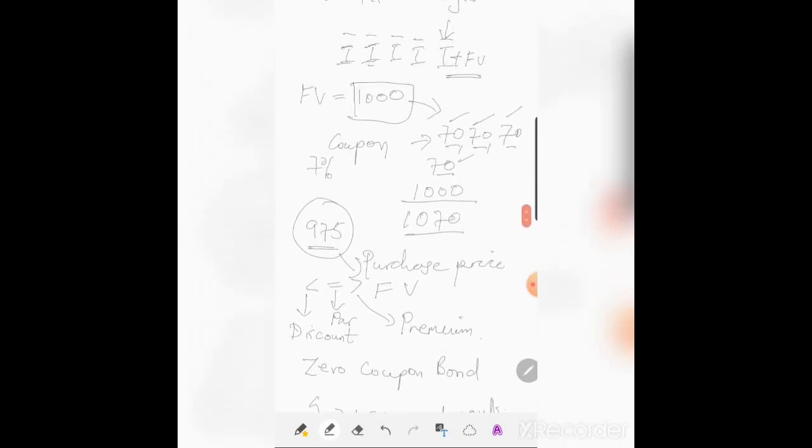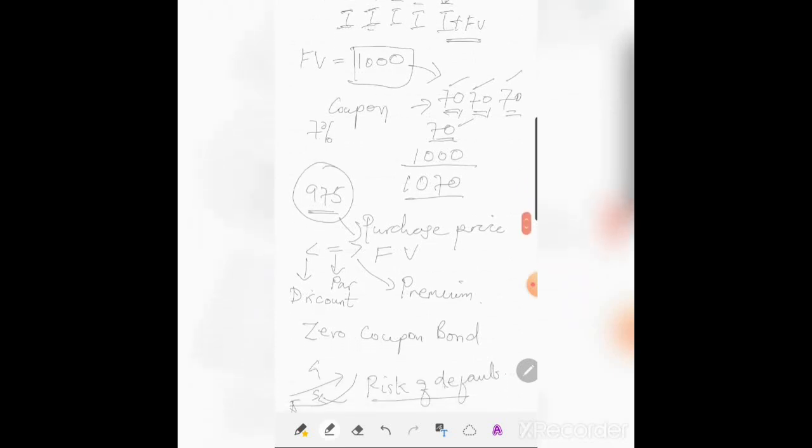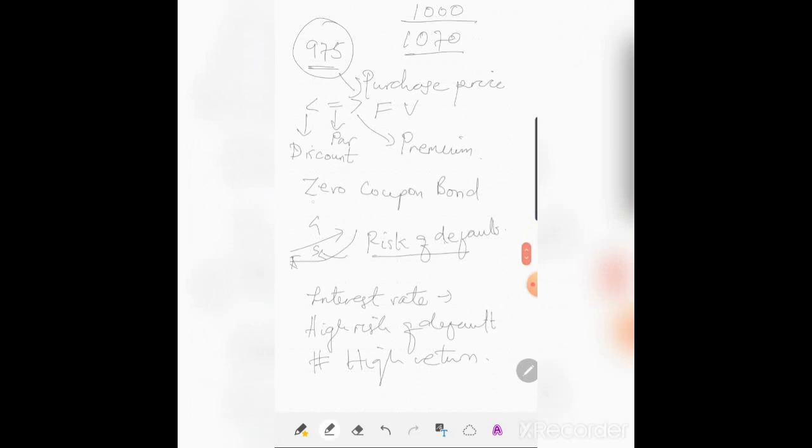So when I talk about a regular coupon-based bond, which pays 70 for 5 years along with the face value, it will have different cash flows at different points in time. But in the case of a zero coupon bond, all cash flows and their timing are well known in advance.